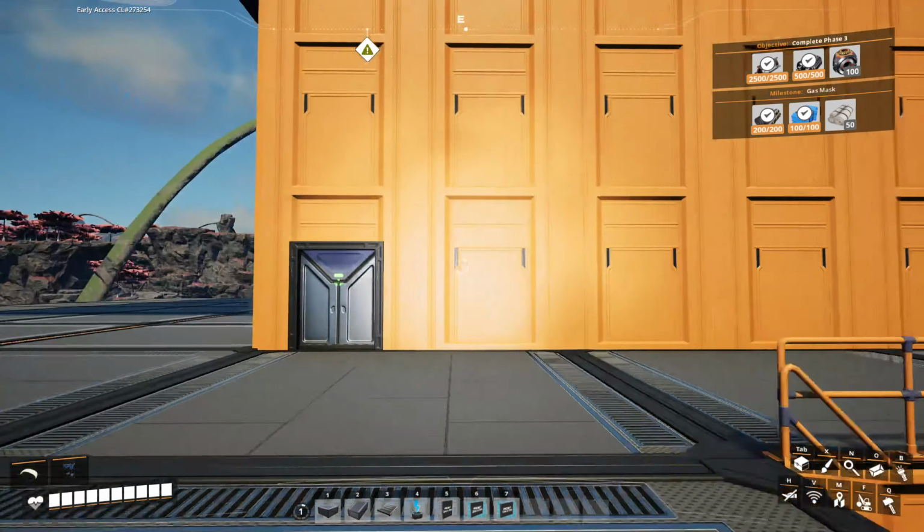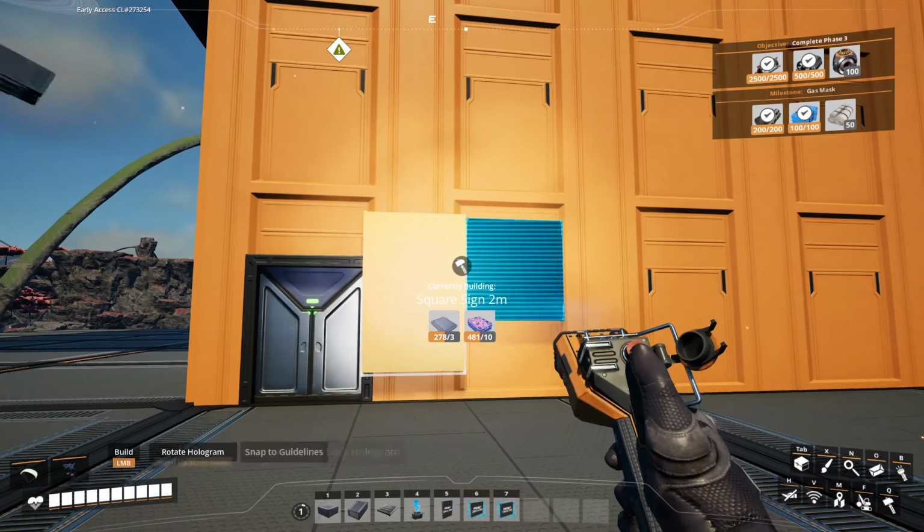So this is going to be the packaged fuel production.